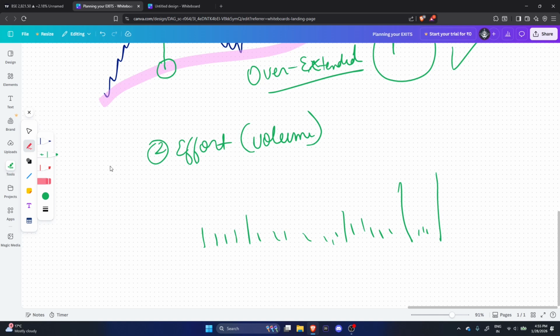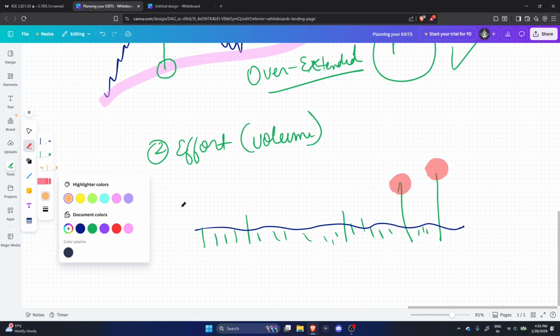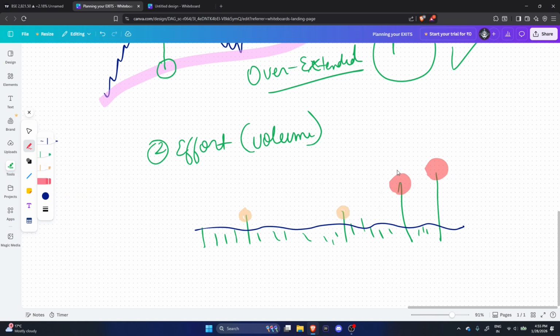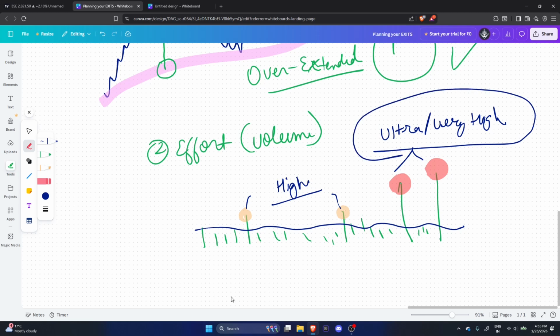On average, this is the average of volume, and we need to be focusing on such volumes. Sometimes these also, but this is less and this is very high volume. So these two are called your ultra or very high volume, and this you can just say is high volume. We are looking for ultra high volume. Simple.